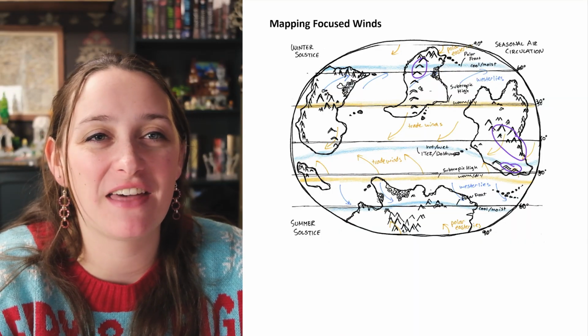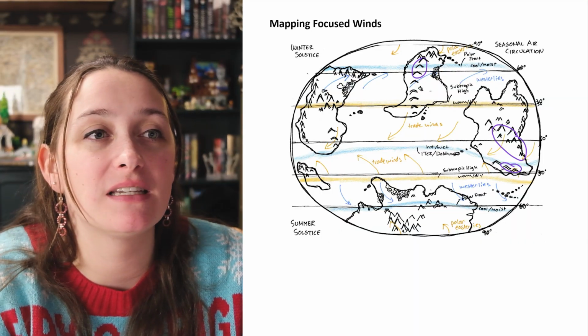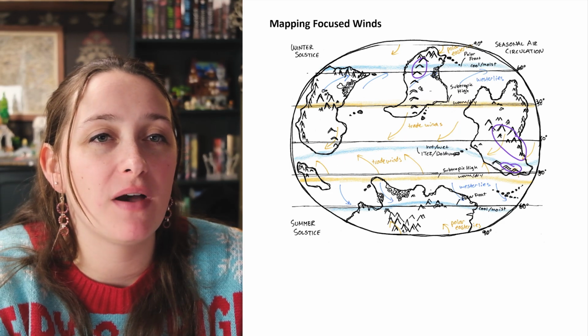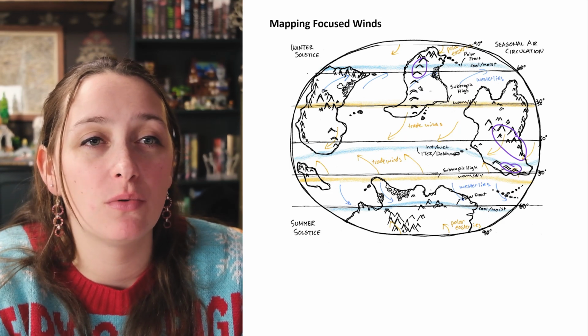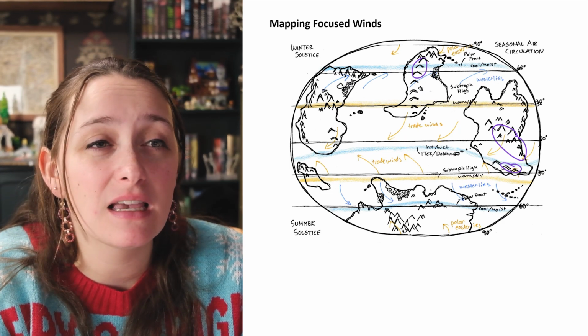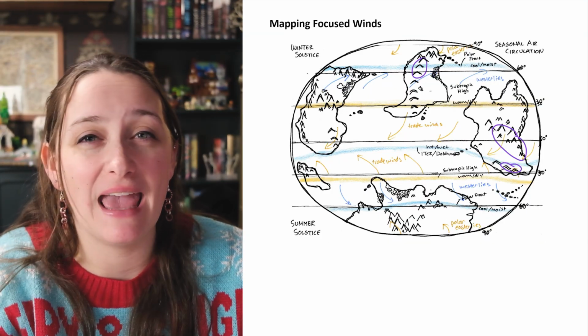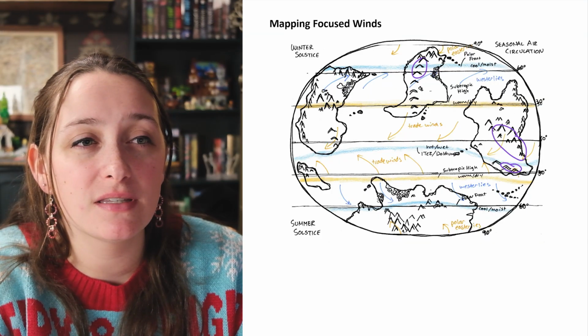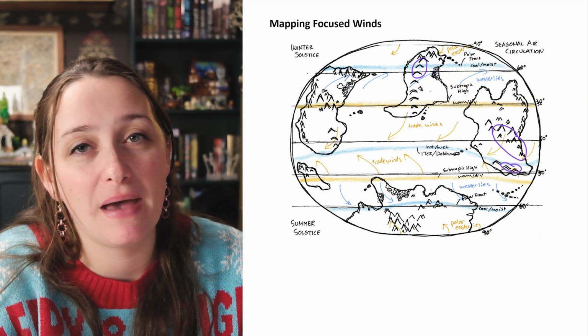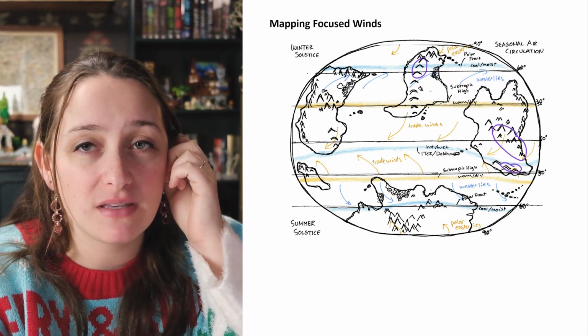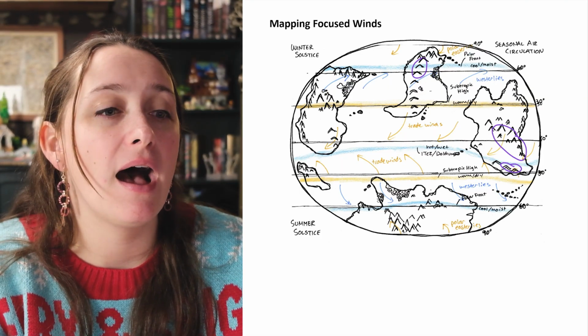Where winds are funneled together, they tend to intensify, as we mentioned. So anywhere on your map where you have strong winds being funneled through a low-lying region between two mountains, you're going to see this. Now keep in mind that the direction of the wind and the angle of this funneling matters, and also the size of the funnel will impact the strength of the winds. The more focused they are, the stronger they get.